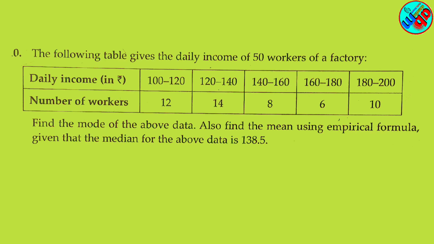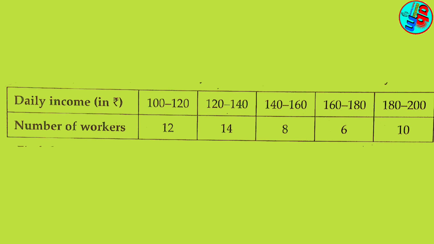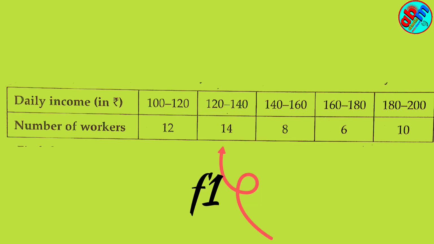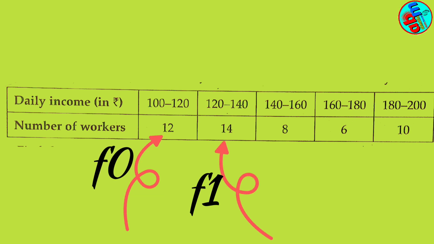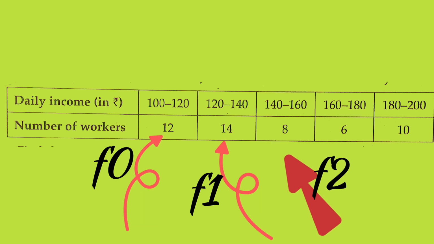Here we have a question. The following data gives the daily income of 50 workers of a factory. Table given below. Find the mode of the above data. Also find the mean using the empirical formula, given that the median for the above data is 138.5. From the table we have the highest frequency as 14, the frequency preceding the modal class is 12 and the frequency succeeding the modal class is 8.